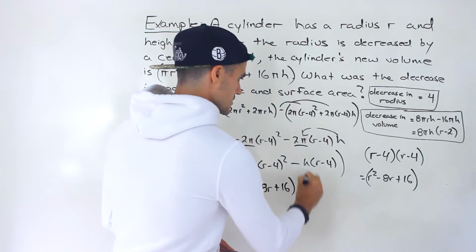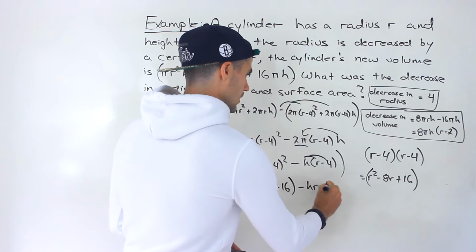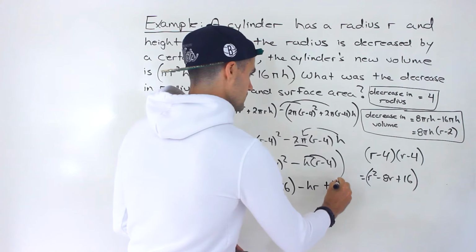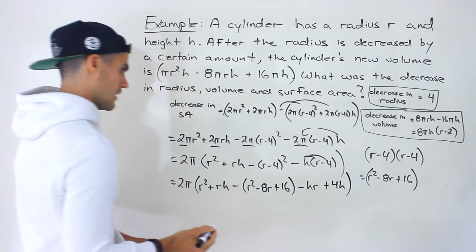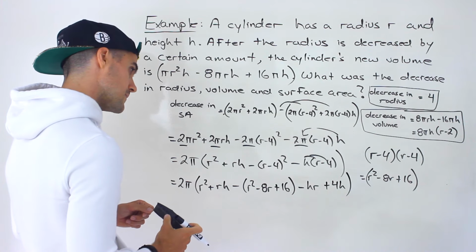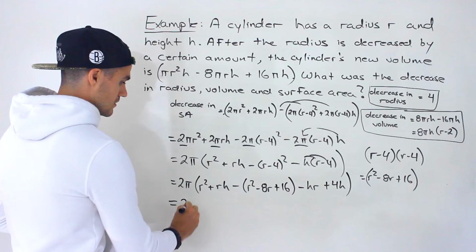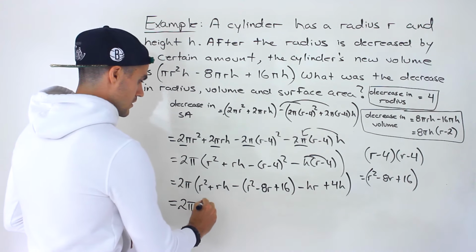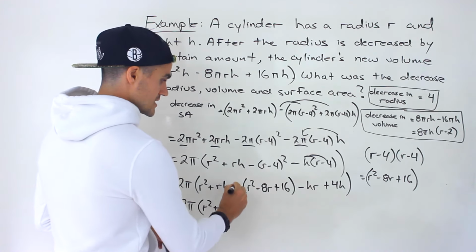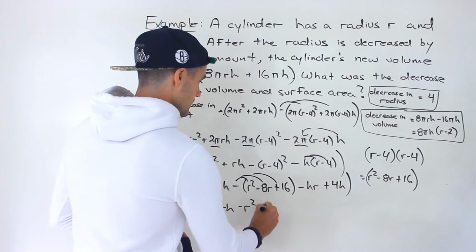Then over here, let's distribute that negative h. So we'll have negative hr plus 4h. And then we're going to close that bracket. Yes, looks all good to me. So from here, r squared plus rh, this negative distributes in this bracket. So lots of algebra here.